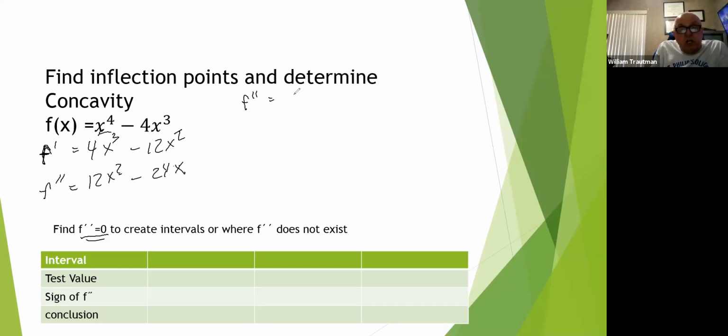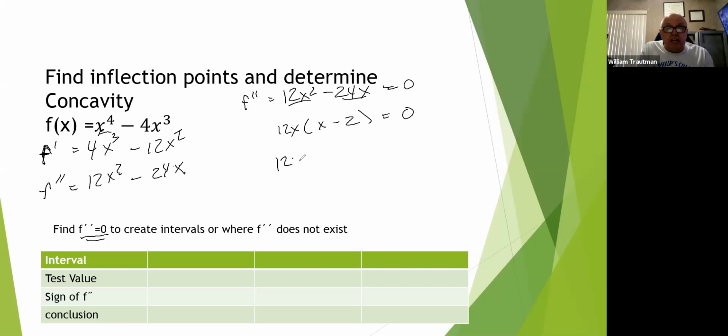All right, so 12x squared minus 24x equals 0. Set the second derivative equal to 0. We have to find where we get 0, so we factor this. A 12x can actually factor out of both of these. Do you see I can divide both of these by 12 and x?